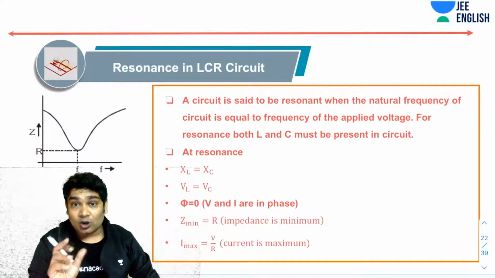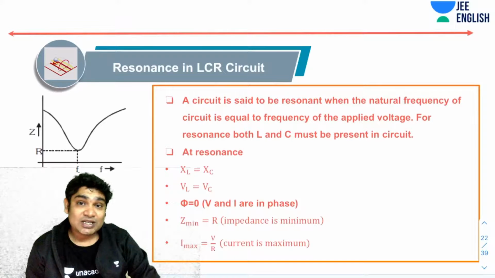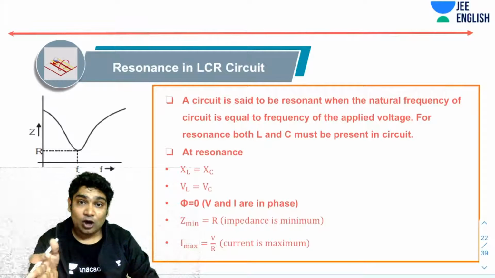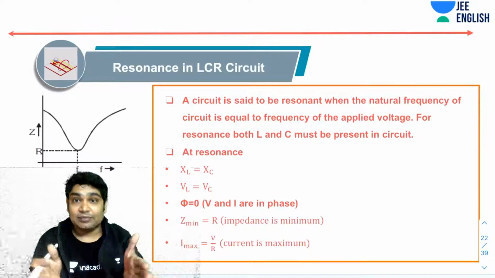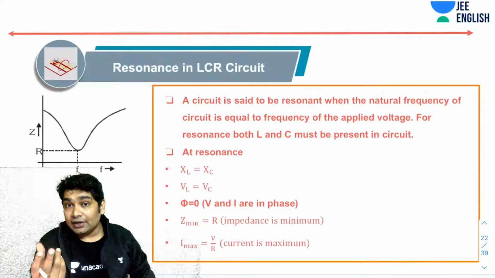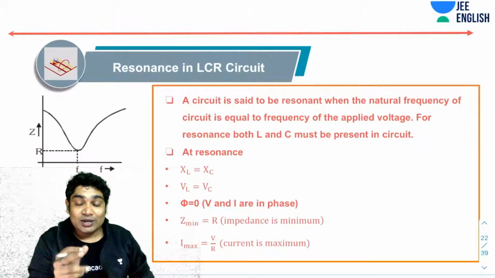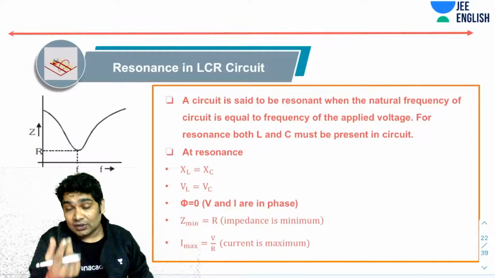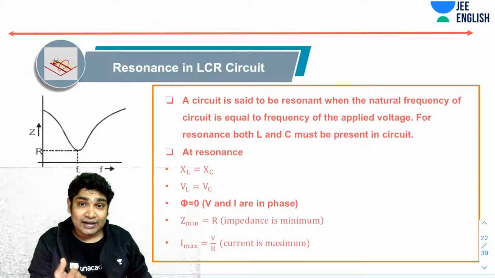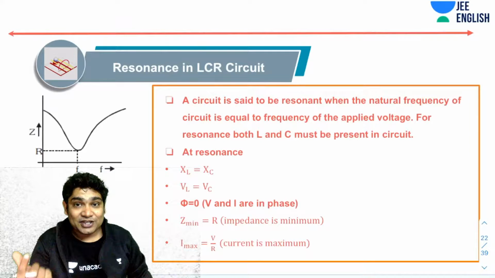The LC circuit was a pure oscillatory circuit, which could be seen as an analog to a spring mass system performing SHM, where the kinetic energy of the block was converted into the potential energy of the spring and vice versa. So in an LC circuit, the energy stored in the magnetic field of the inductor goes into the energy stored in the electric field of the capacitor and vice versa.